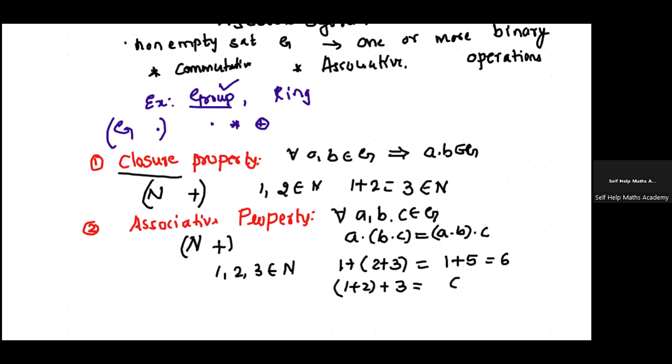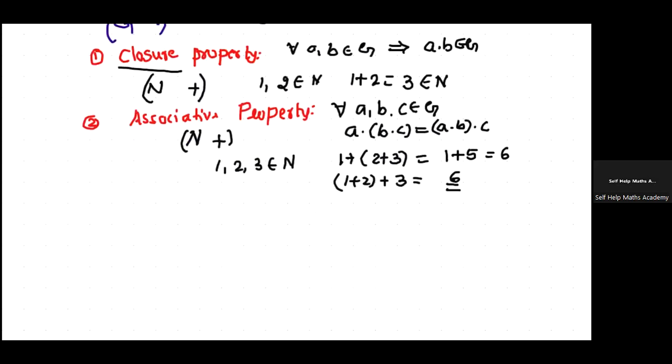That means the natural number set under addition satisfies the associative property. Now let's see the third property, which is also a very important postulate for a group: the existence of identity.